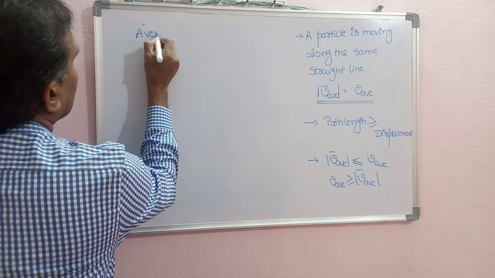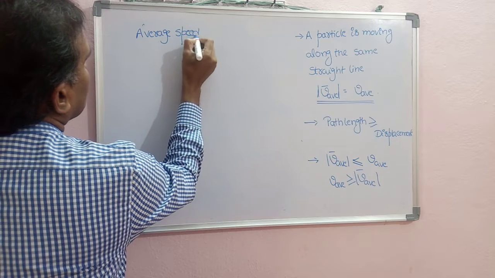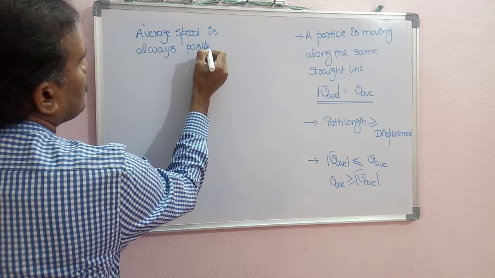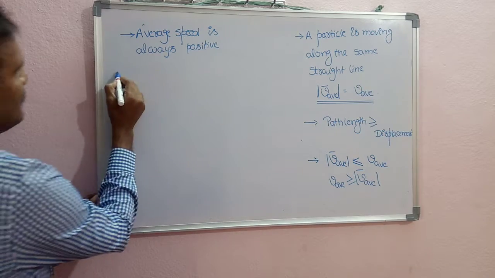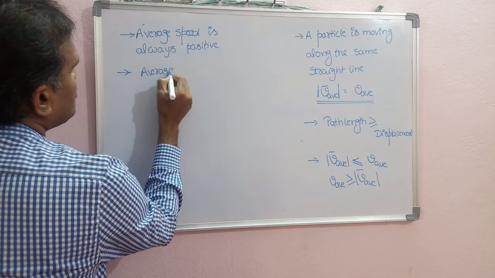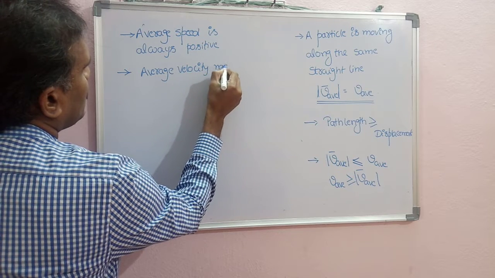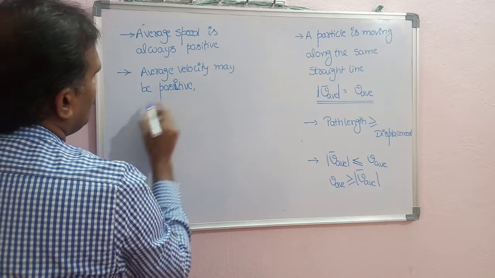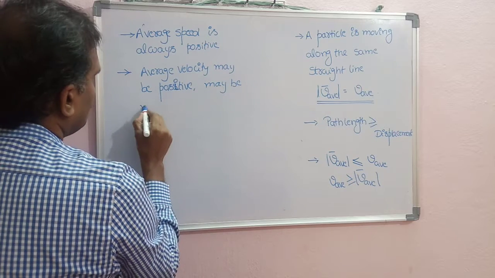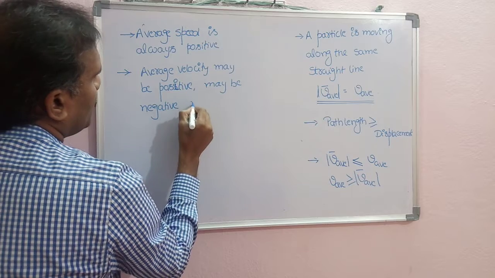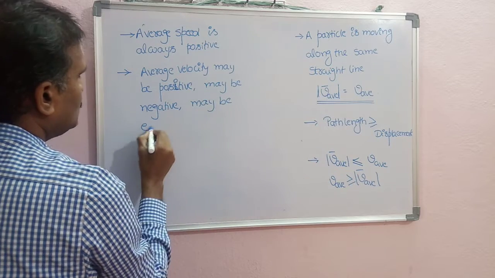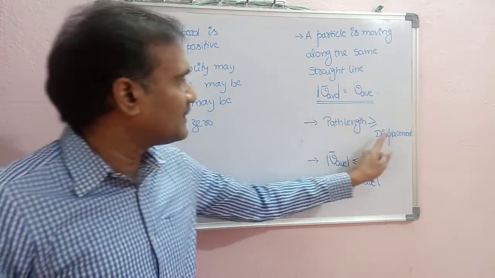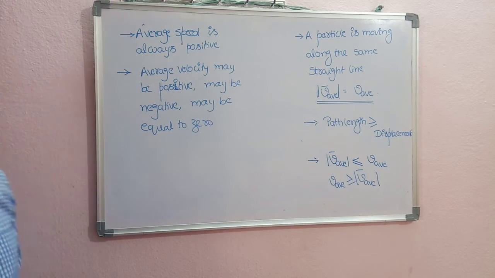Similar to path length and displacement, this is the relation between average speed and average velocity.